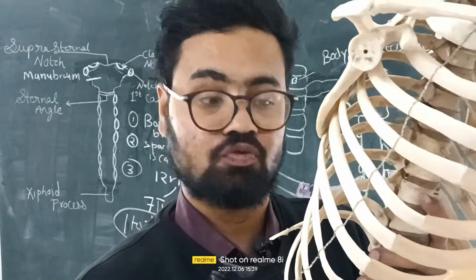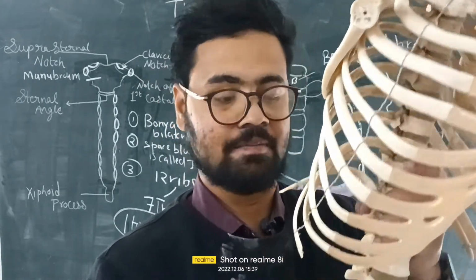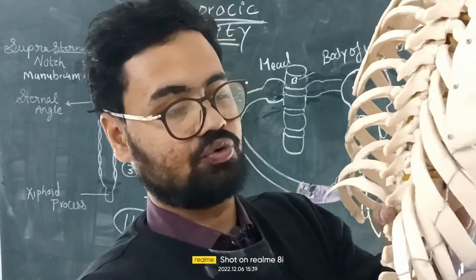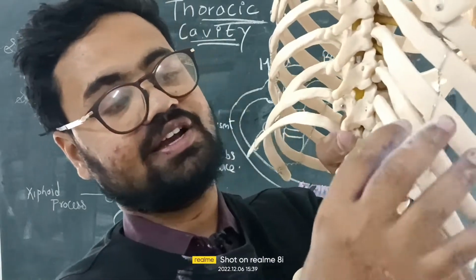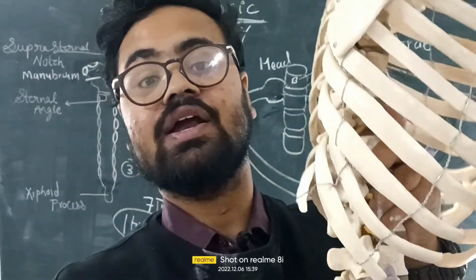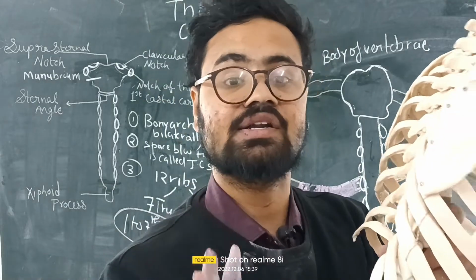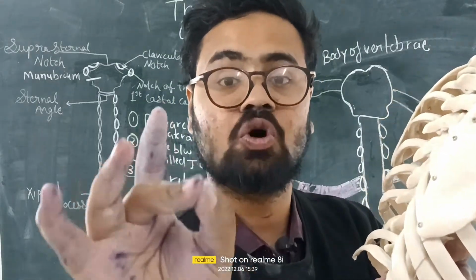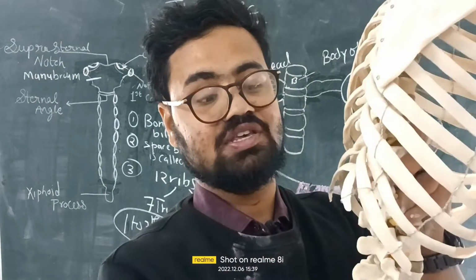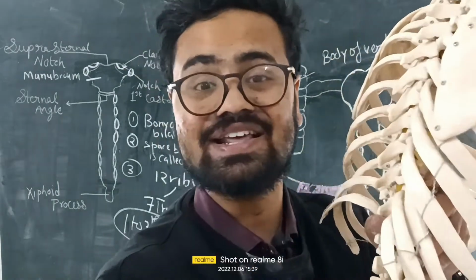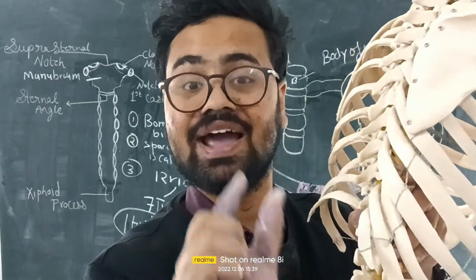Now what about the 11th and the 12th rib? See, let me show you from the posterior side. This one is the 11th rib. It is not connected anteriorly, neither through the cartilage nor through the sternum. So this 11th and 12th rib are not articulated anteriorly.